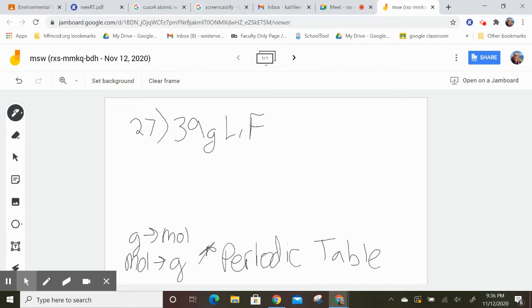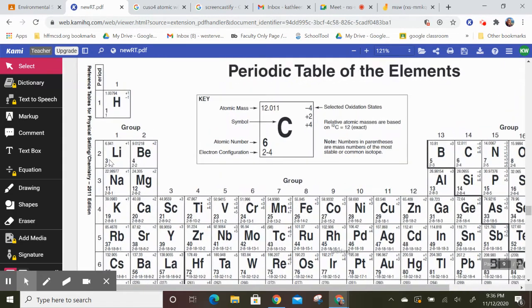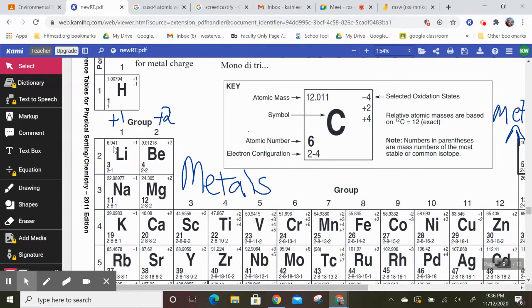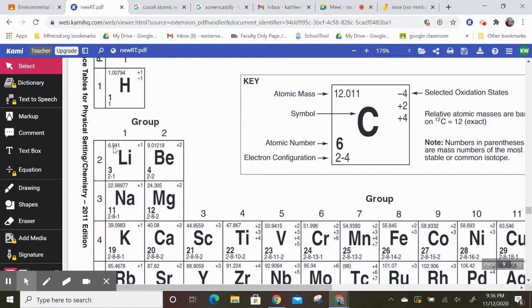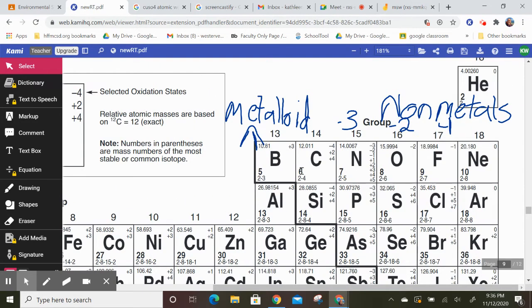So when you look at your periodic table and you see lithium fluoride, lithium is right here, and it has a weight of about 7. We're just going to round this mass up to 7. 6.941 is about 7. That's lithium.